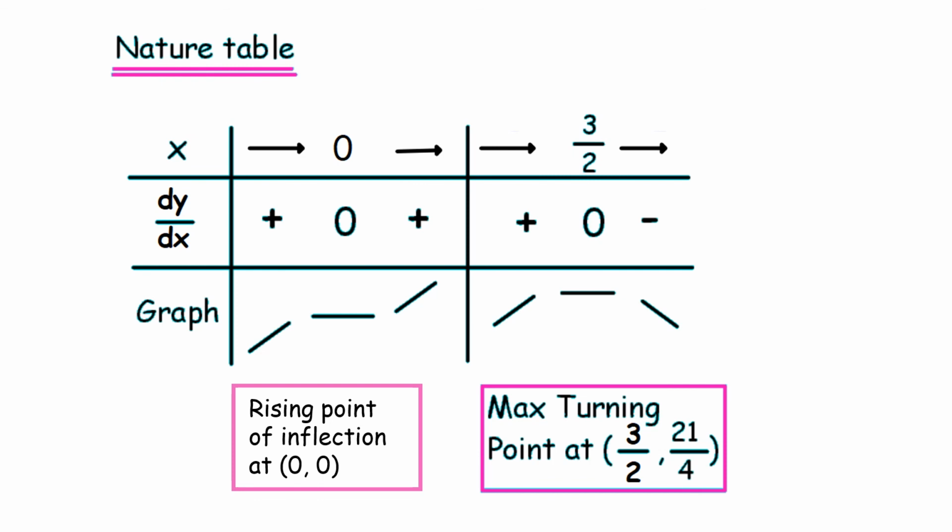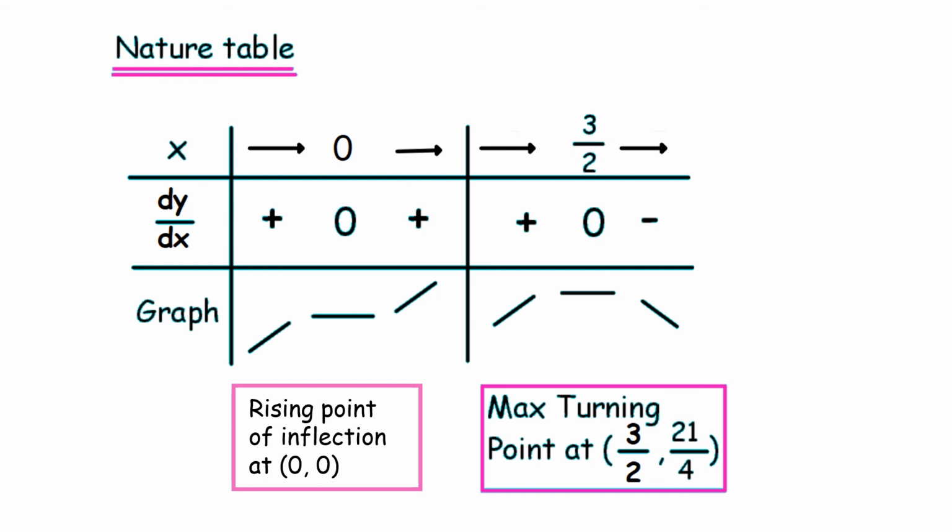3 over 2 is a bit more normal, a bit more like the ones we're used to. We have it going up, flattening off, and then it's going back down again. So that is a maximum turning point, and that is at the coordinate 3 over 2, 21 over 4. Again, it was a bit unfortunate that it was a fraction, but it's nothing you can't deal with. It may be a bit more tricky, but it's still the same process.